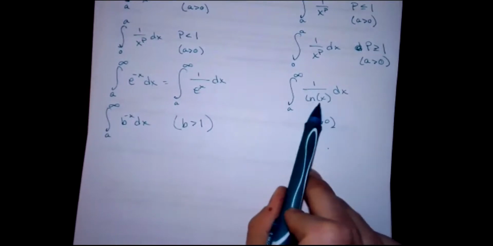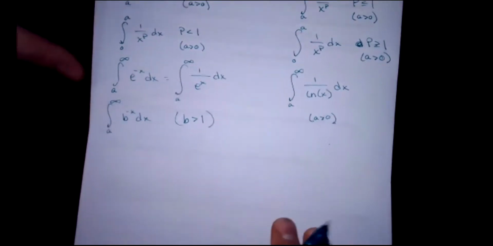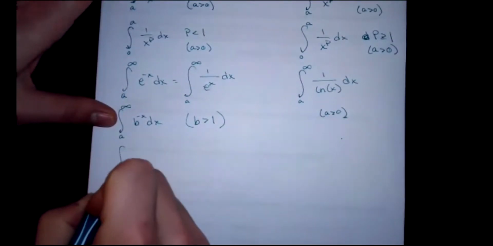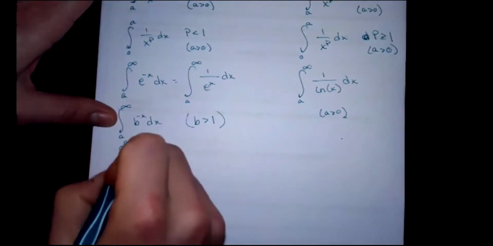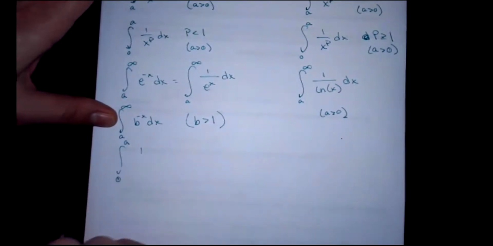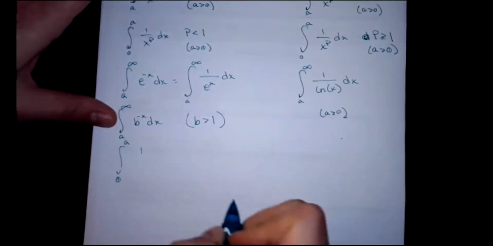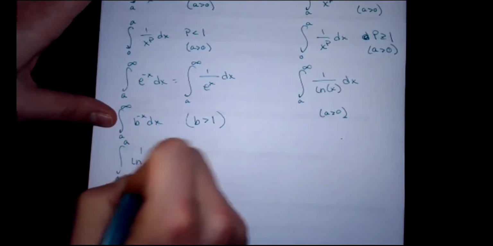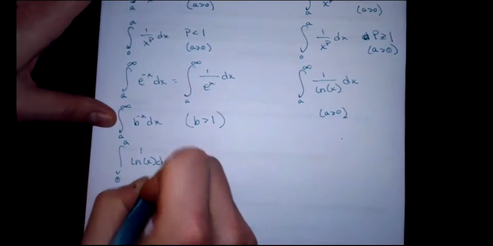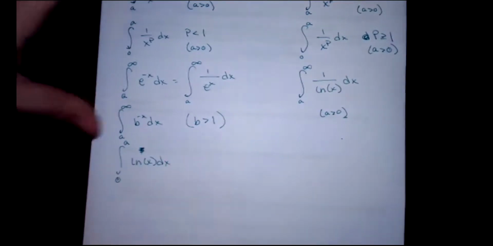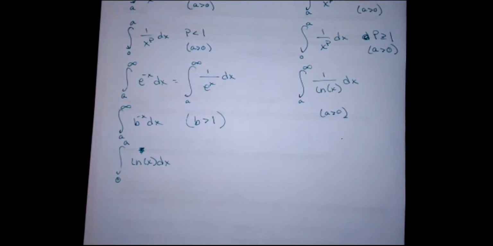So while 1 over natural log is divergent out to infinity, if we integrate this around the asymptote, and I think we just want a natural log of x. That one should converge. And then I'm trying to think of what a divergent analog of that would be.